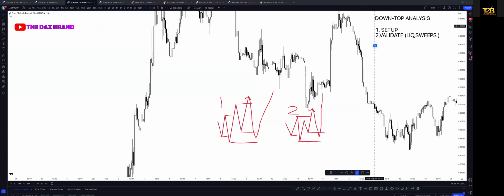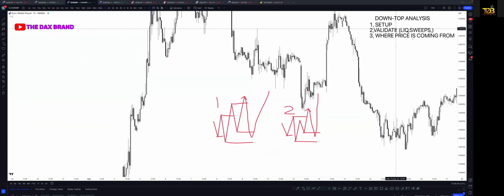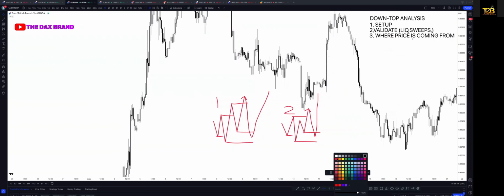Then number three, where is it coming from? Where is price coming from? Price is coming from here. So these are the three things that you want to look out for, and this is so important. These are the three things you want to look out for every time.